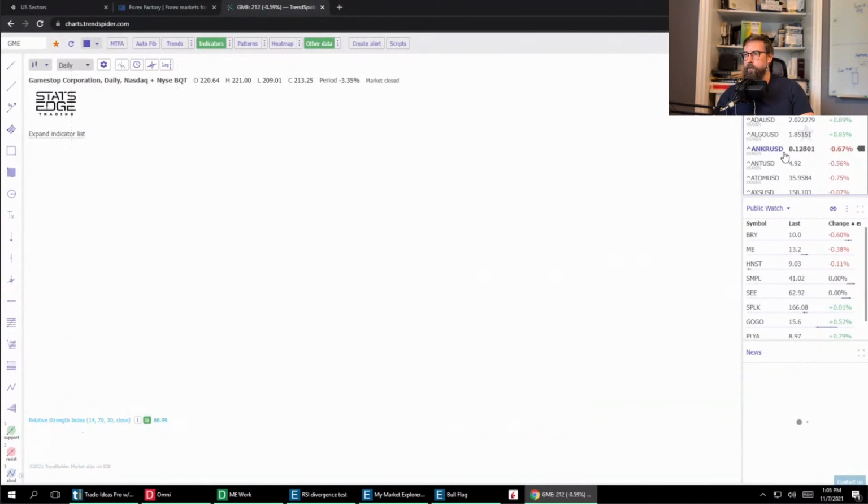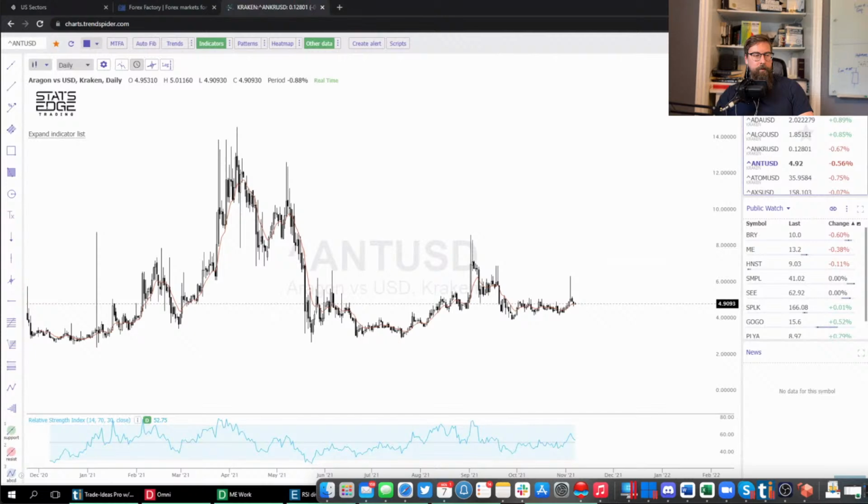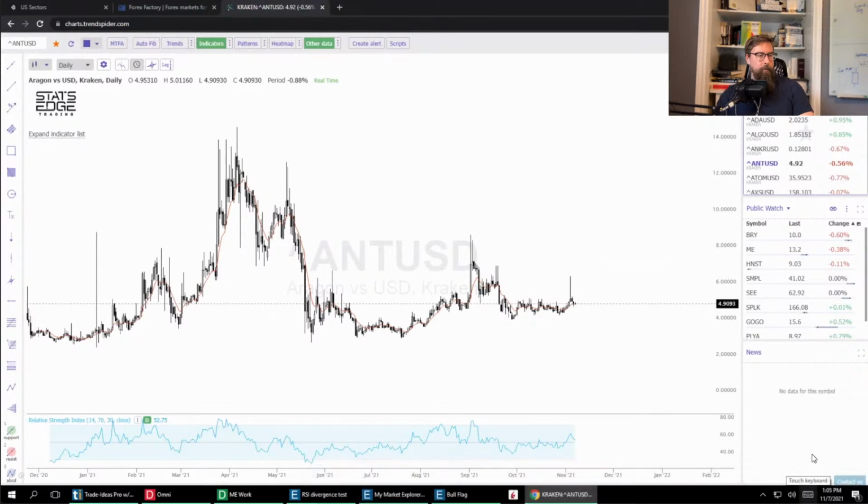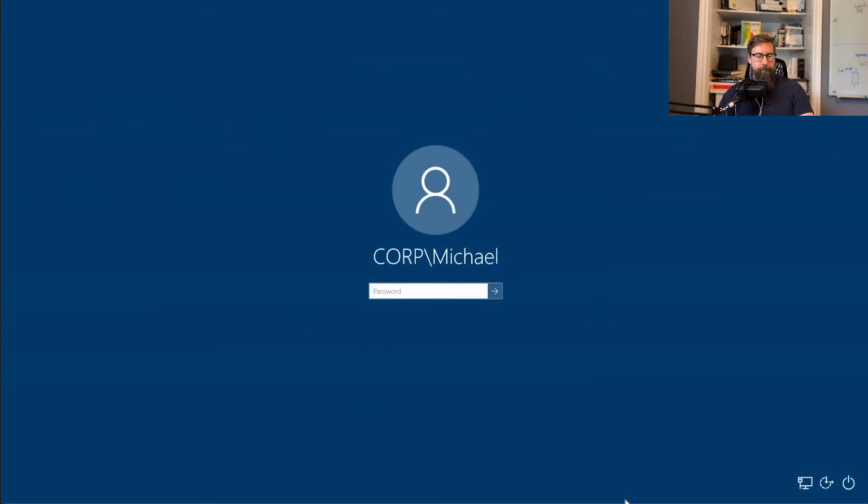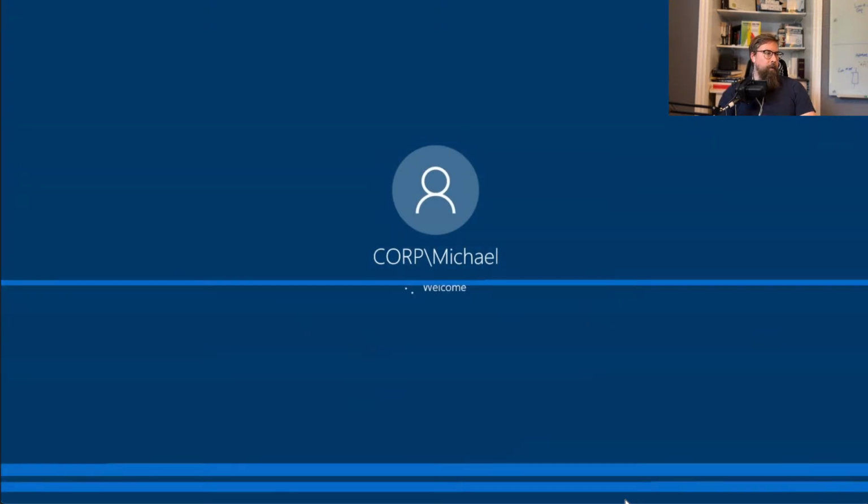So let's do this, and that's just another remote way into the same app or the same desktop. But this one's been optimized for all the Apple stuff. So it works nice and smooth.